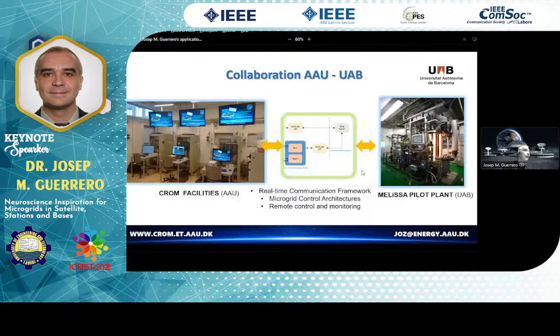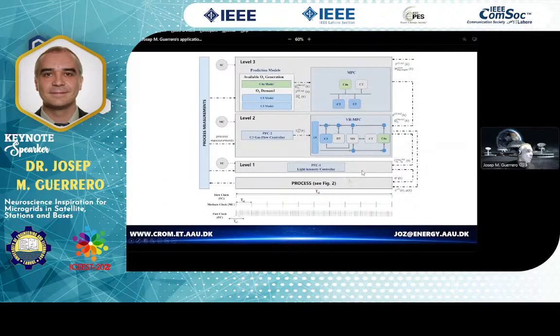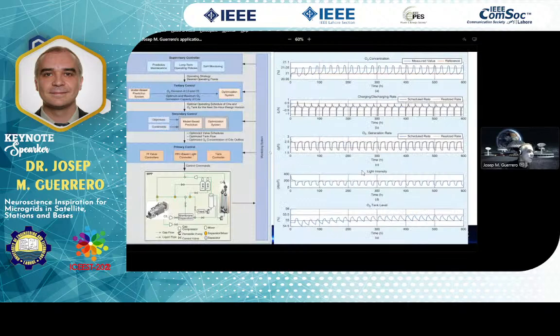We implement this developing also a digital twin of the pilot plant. We developed the 3 levels of control. Basically, we were using a lot of MPC, model predictive control, for that. And you can see the results.